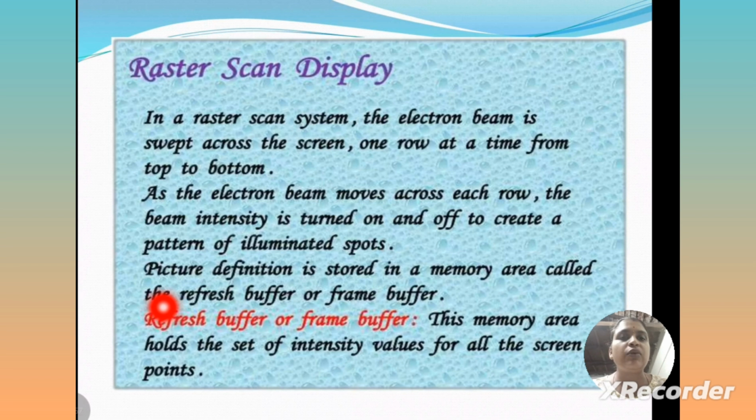So the next one is refresh buffer or frame buffer. This memory area holds the set of intensity values for all the screen points. So where the light intensity should be there, or the beam should hit, or the beam should not hit, that information, which means the set of intensity values, will be stored in this refresh buffer or frame buffer.